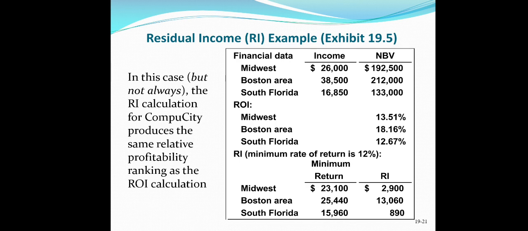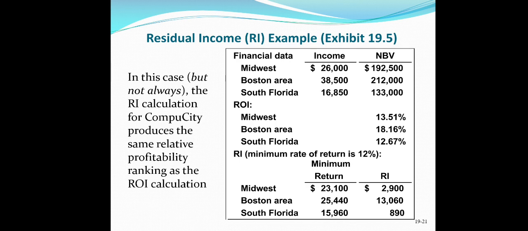If you rank these 3 business segments or investments according to RI and ROI, you will see the rank is the same. The number one rank is the Boston area.